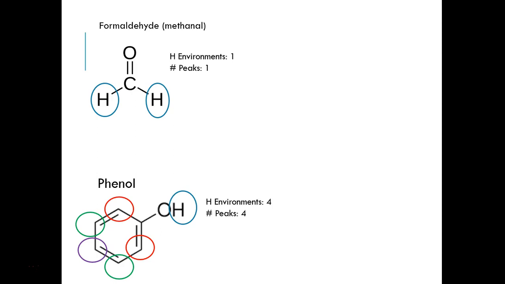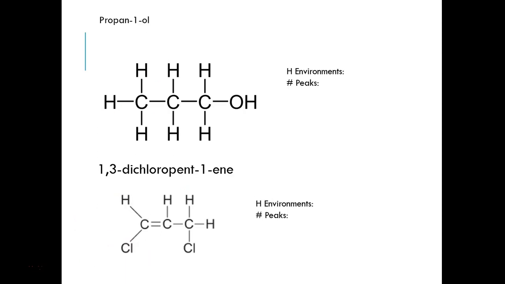We don't show it in the skeletal structure, but it is there. So the hydrogen that's attached to the hydroxyl group is in one environment, and then as they get further away from the hydroxyl, they're in different environments. But there are 2 hydrogens on either end that are in equivalent environments, so we would say those are the same. Okay, try these.